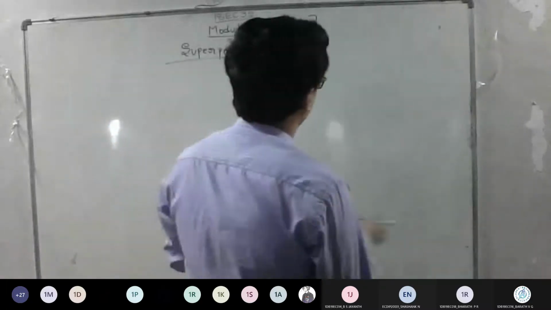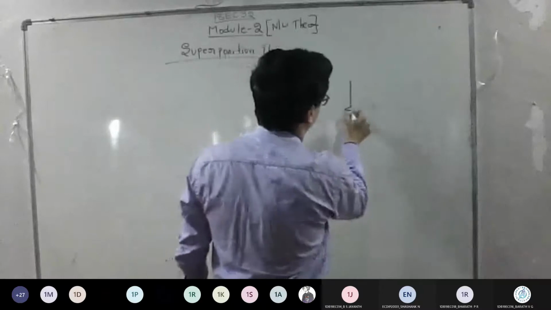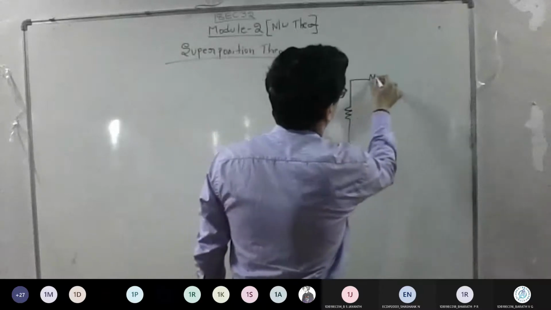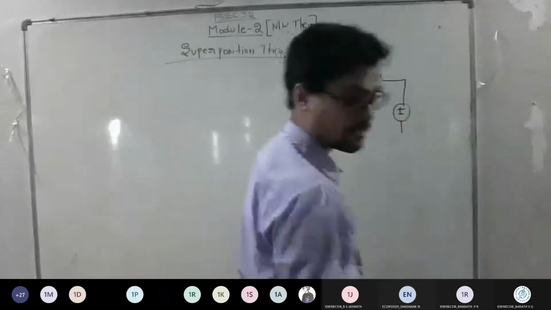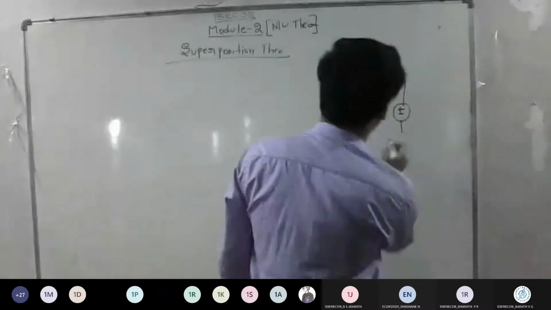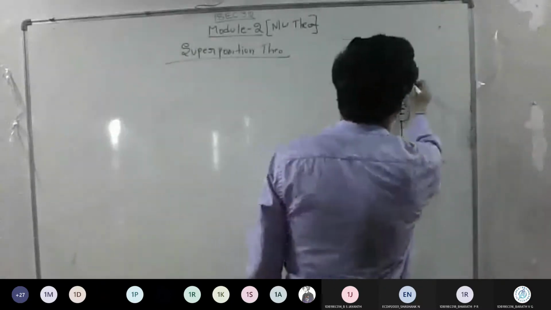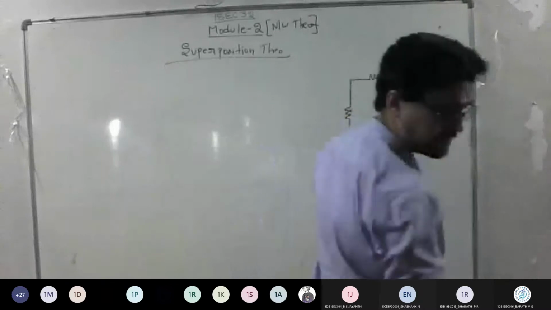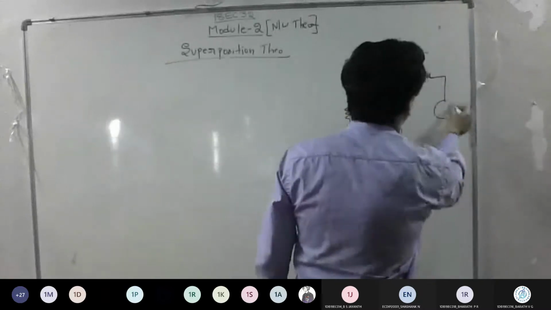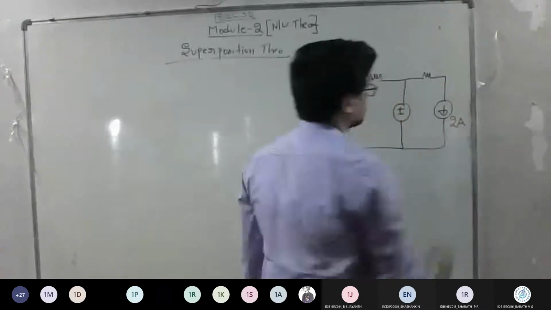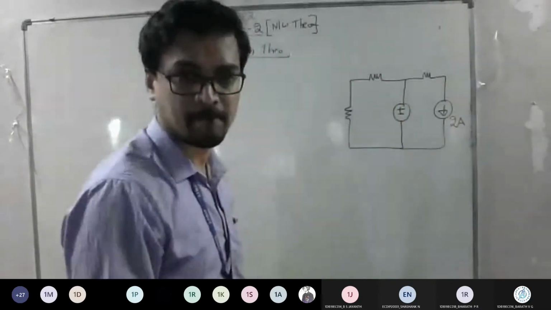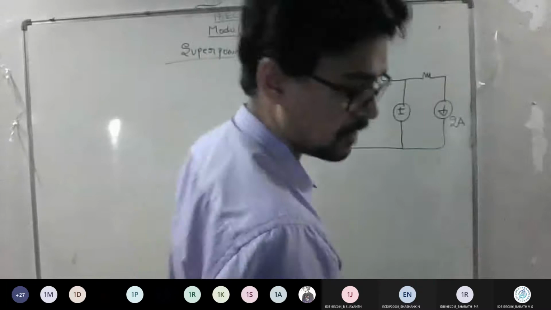Okay, let me draw the circuit now. Just copy the network first. Is it visible, what I am writing? Yes, sir. Okay, just copy the question.